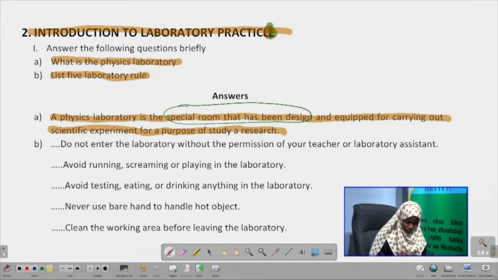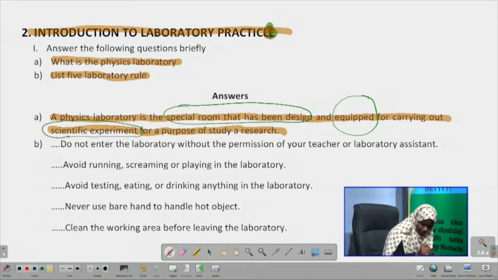We have to consider this statement, and equipped for carrying out scientific experiments for a purpose of study or research. These four statements that I have highlighted are very important in answering these questions, because these are what make a physics laboratory different from any other room.